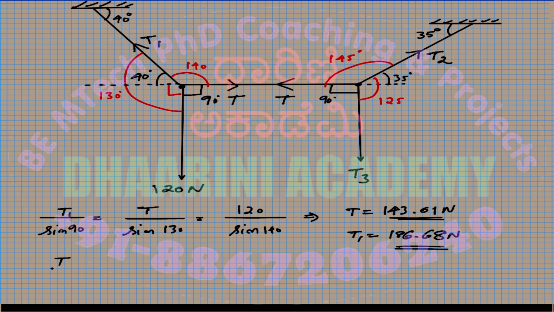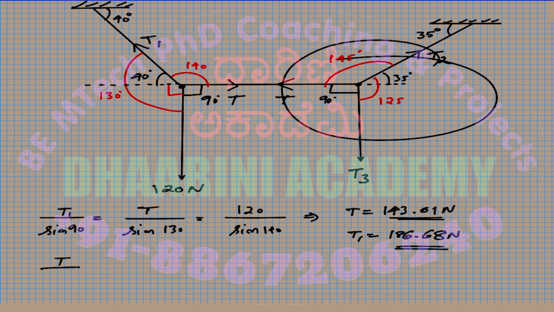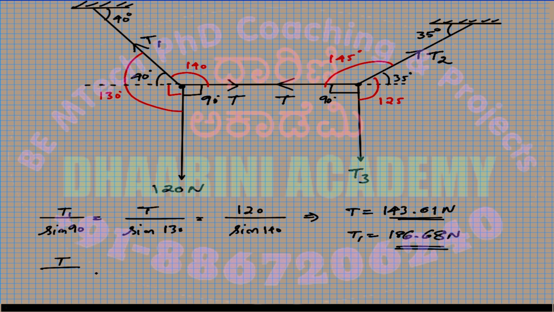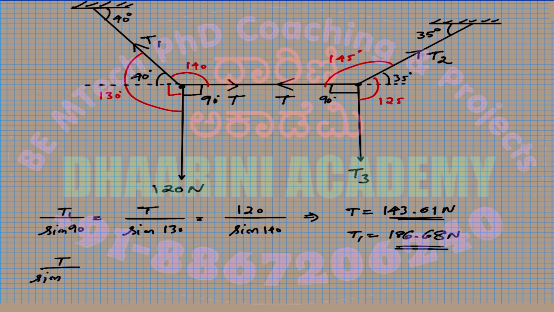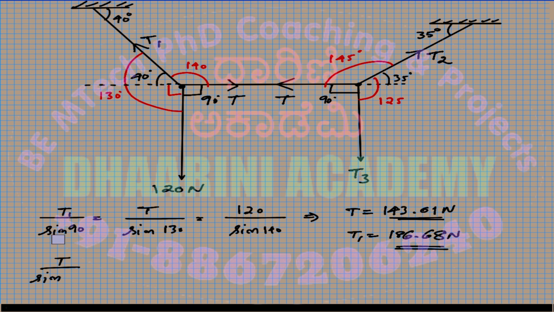So this is T divided by, use this system, right? So T is here. I know the value of T, anyway I can write. Let's write the value, because that's the only force which is known to us now in the second system.